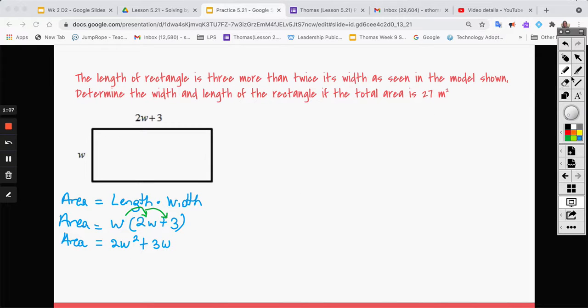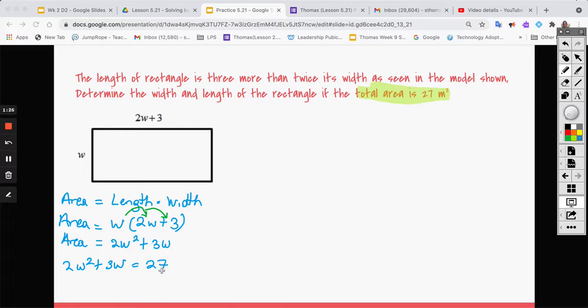Now, we were given this important piece of information. We're told that the total area of the rectangle is 27. So we're going to say 2W squared plus 3W is equal to 27.